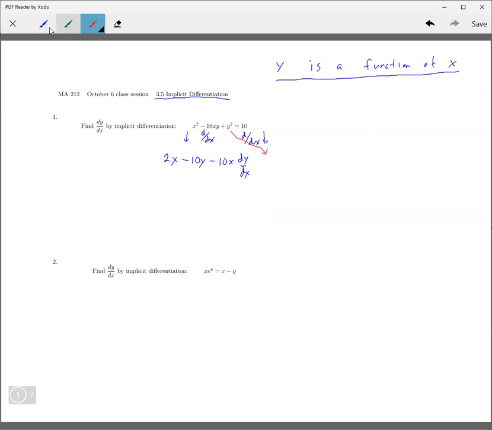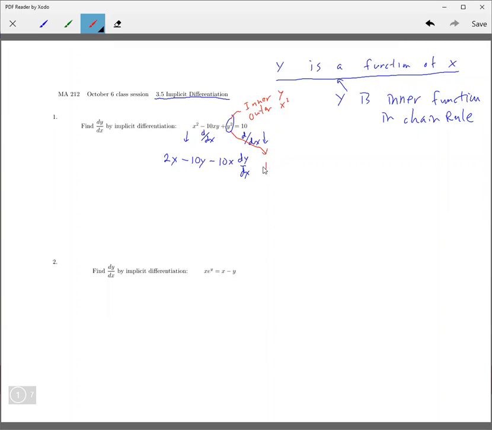When you take the derivative of this as a function, you can think of y as the inner function when you're looking at the chain rule. So you have y squared, where the inner is y and the outer is squared.